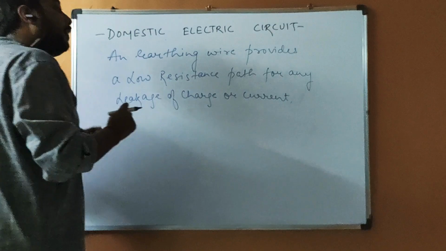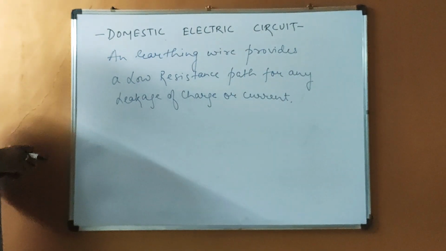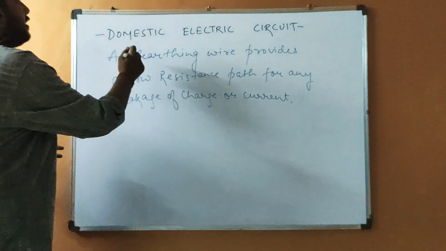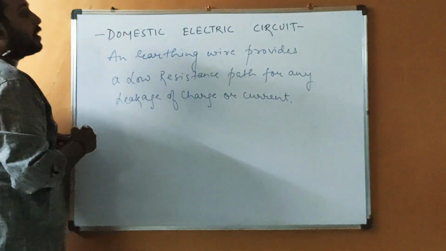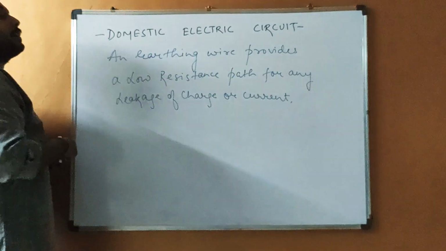That means if a current is flowing into the metal body, this earthing wire will collect that current and the current will flow back into the earth.